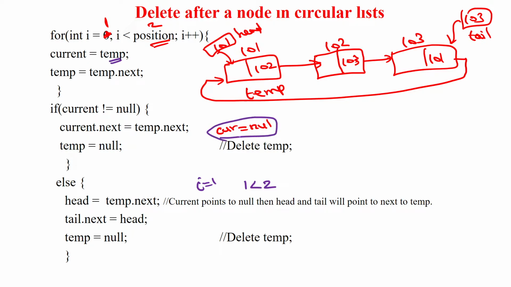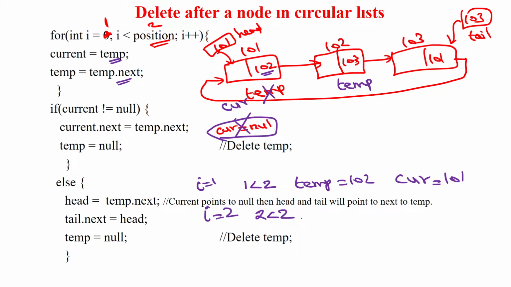Current is updated from null to the first node. Then temporary is updated with temporary dot next, which is 102. So temporary is now 102 and current is 101. Iteration number 2: 2 less than 2 is false, so it comes out of the loop.